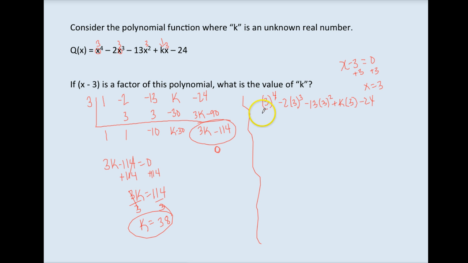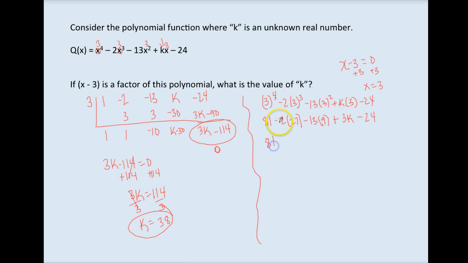And then we just go through and try to simplify this. So 3 to the 4th is 81. That's 3 times 3 times 3 times 3, minus 2 times 3 to the 3rd, which is 27, minus 13 times 3 squared, which is 9, plus, I'll just write this as 3k, that's the way we're used to seeing them, with the variable second, and minus 24.